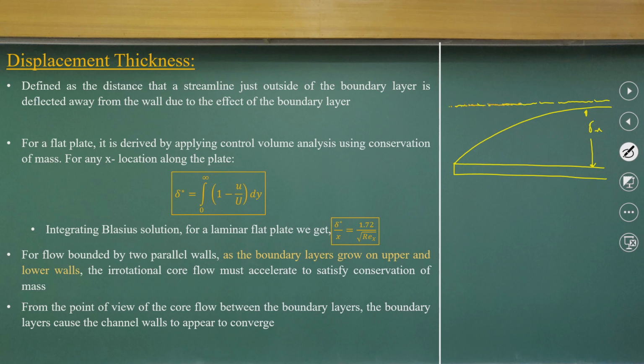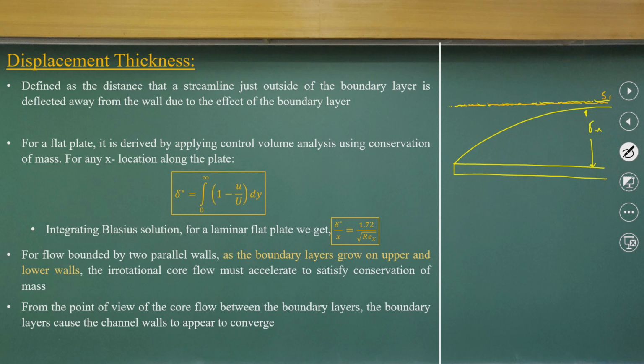without boundary layer formation, that streamline could go on like this as one condition. Without boundary layer formation, we are saying there is no existence of this flat plate. So the uniform streamlines coming in can go parallel to it.